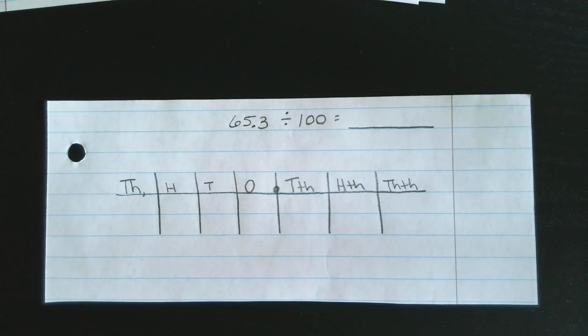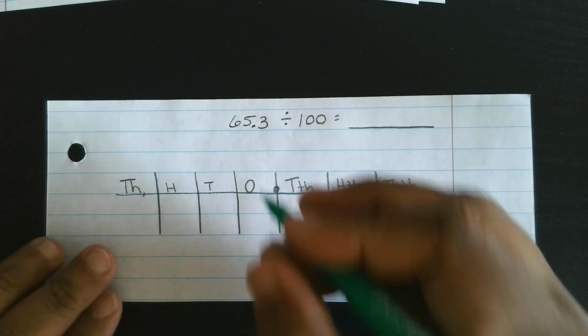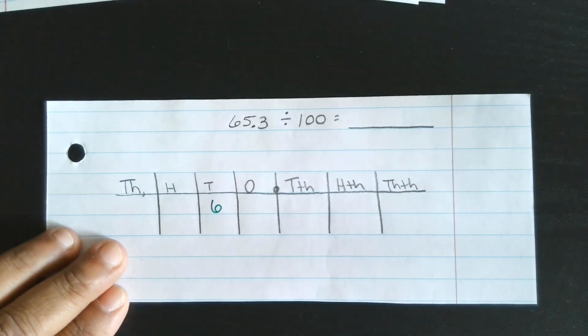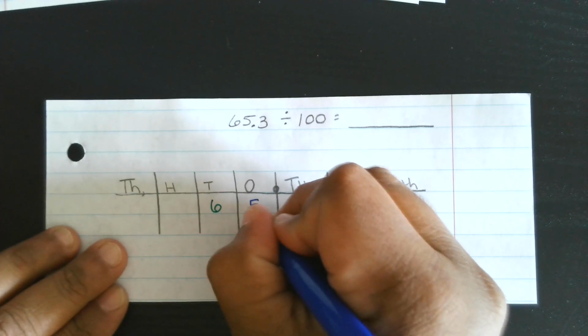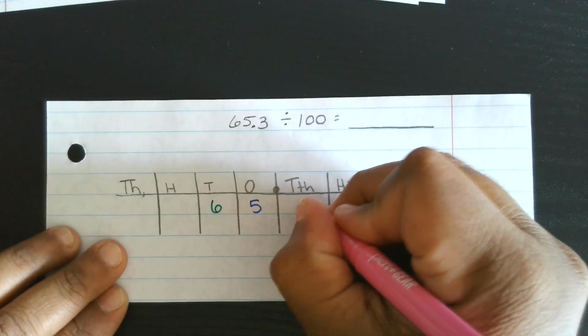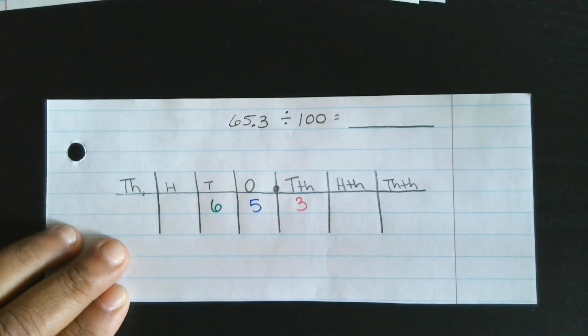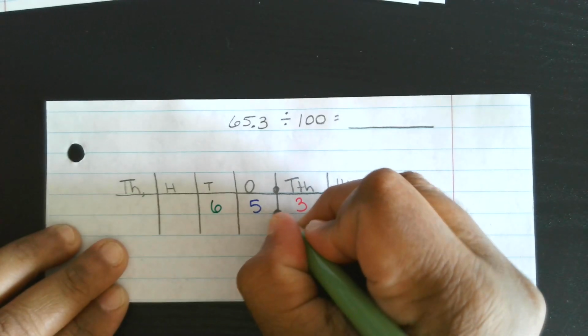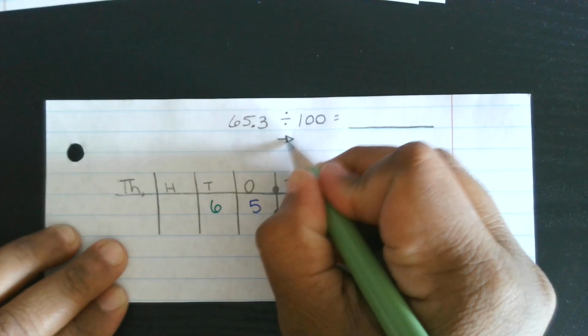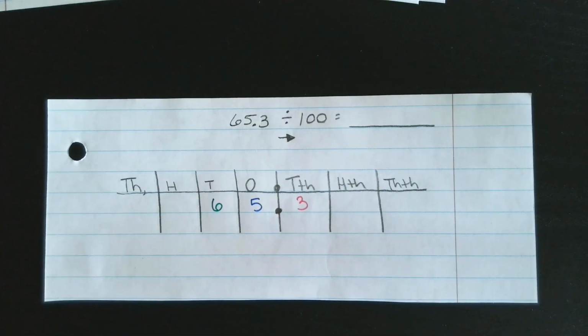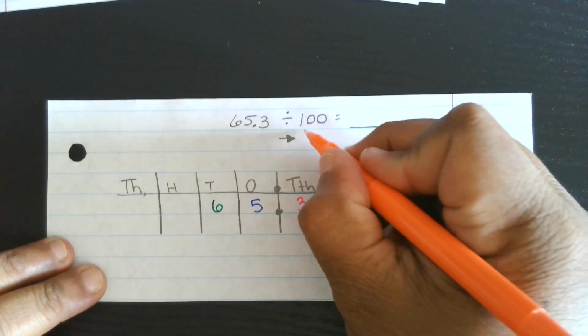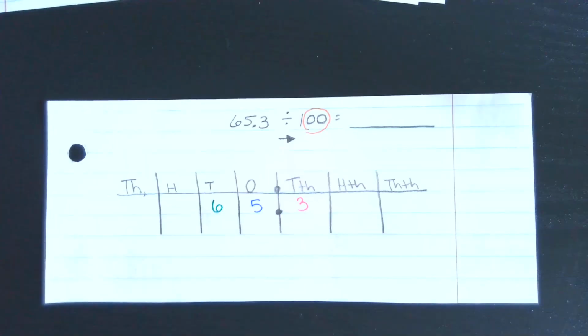65 and 3/10 divided by 100. 6 tens, 5 ones, 3/10. I'm dividing, so I'm going to move to the right. I look at 100. I count how many zeros there are. There are 2 zeros.